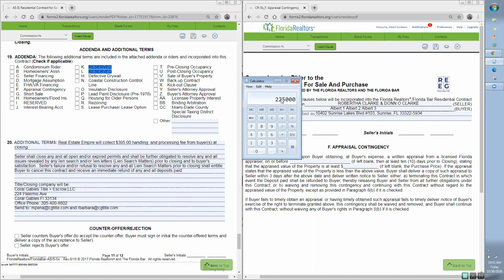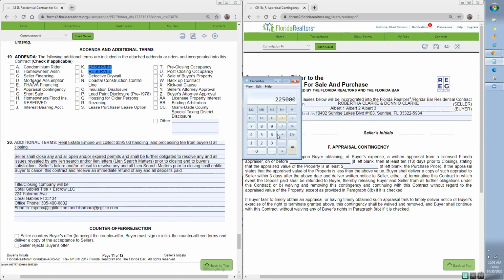Okay. Because of the loan contingency, the contract is still in effect because the bank only needs to pay $225,000. And the appraisal came in at $240,000, which means there is enough money to cover the amount that the bank has to pay. Everybody follow along?